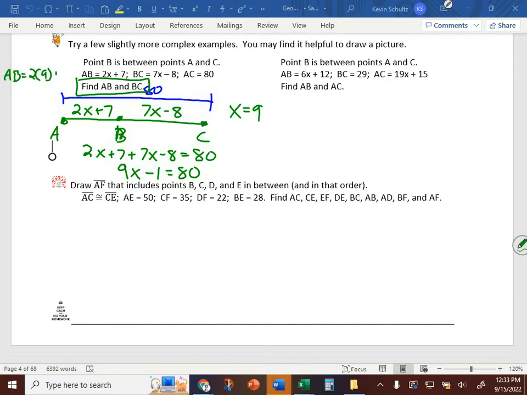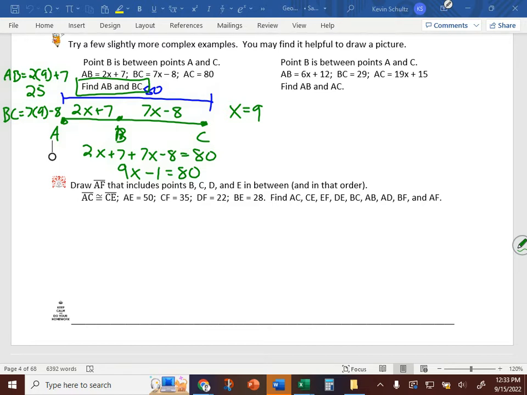2 times 9 plus 7. Right? Which is what? 25. It means that BC equals 7 times 9 minus 8, which is what? 55.